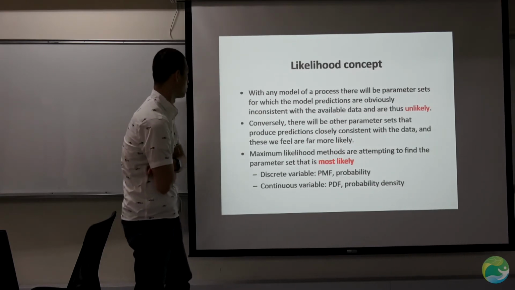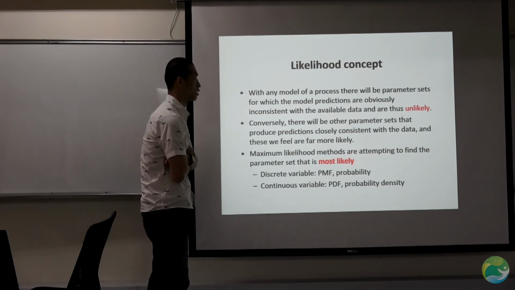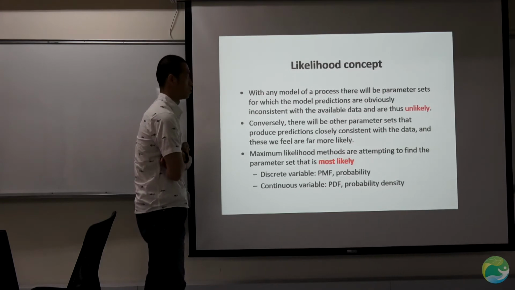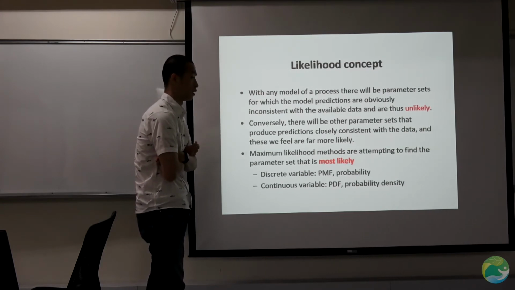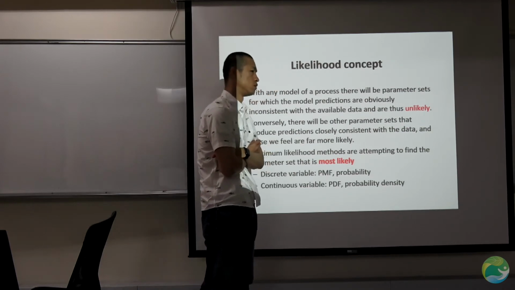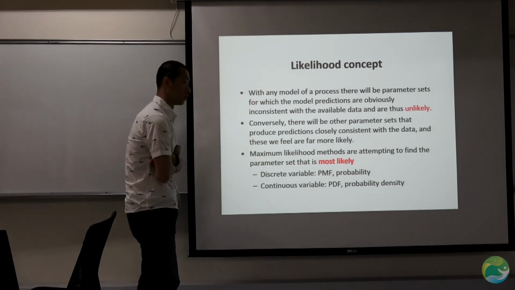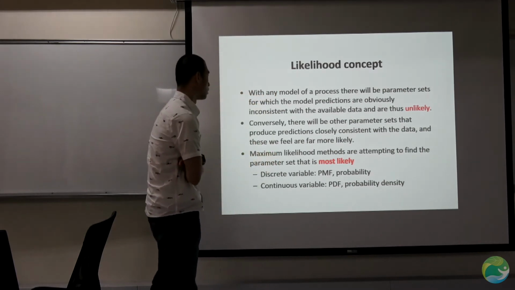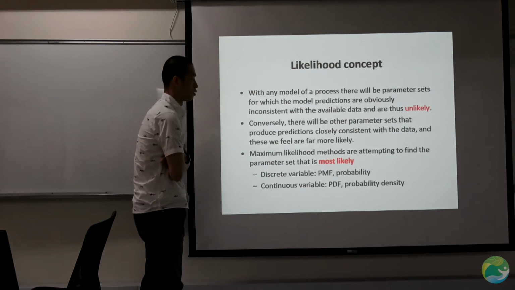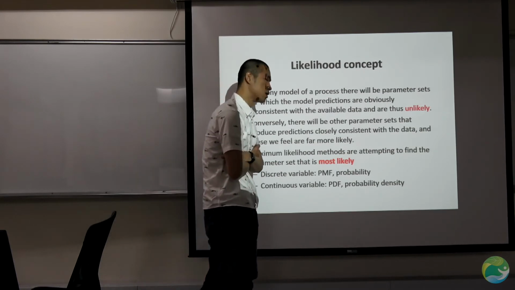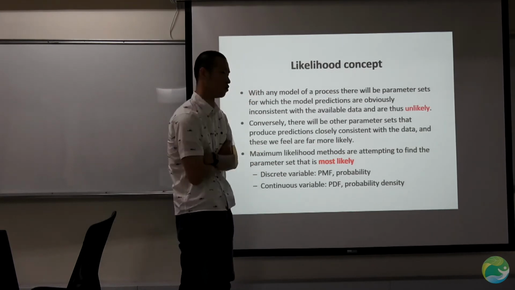With any model of a process, there will be a parameter set for which the model predictions are obviously inconsistent with the available data, and others are likely. So for some process, you can observe the data, and then you can have a model with parameters to come up with some prediction. When you compare the prediction with your observed data, by changing the parameter, for some parameters the prediction is closer to the data.